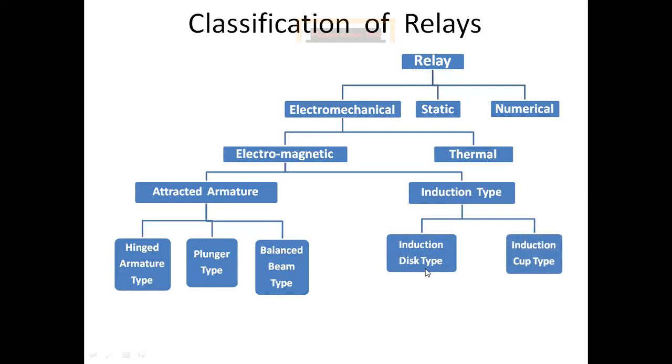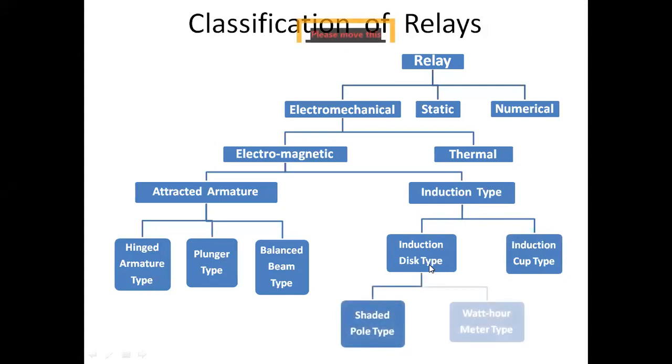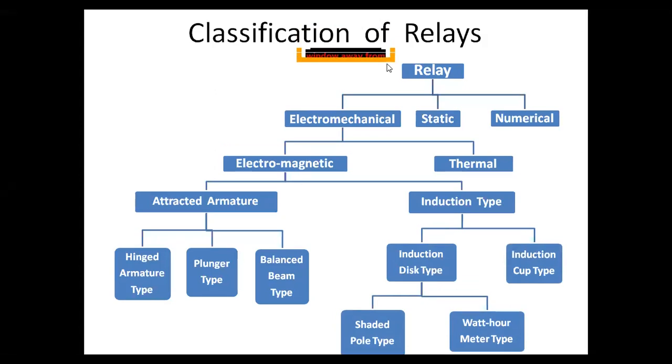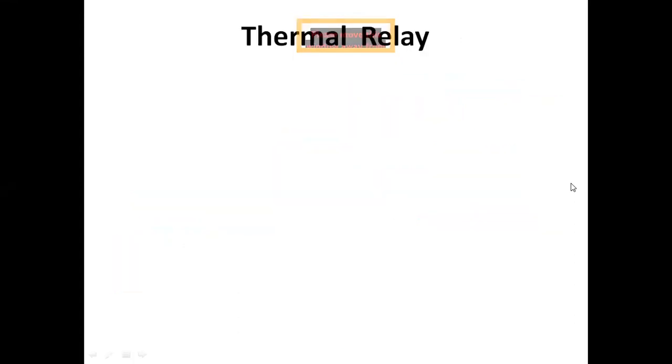The induction disc type relay is again classified into two categories: shaded pole type and watt hour meter type relay. So these are the classifications of relay. Next I am going to discuss them one by one. First, the thermal relay.